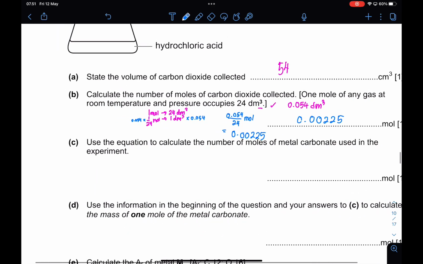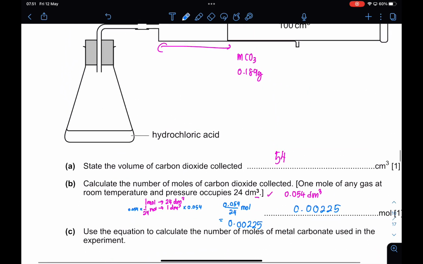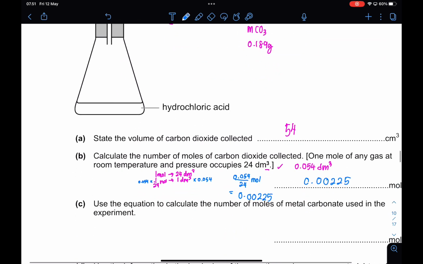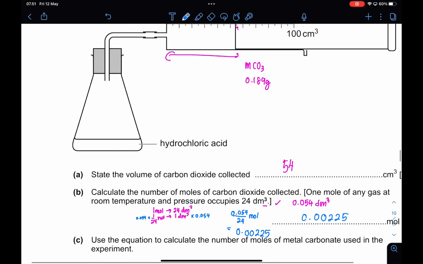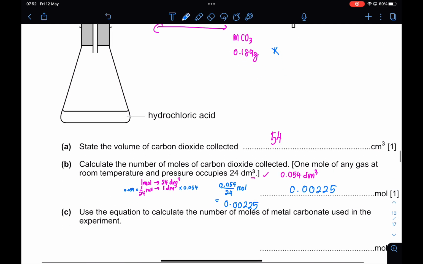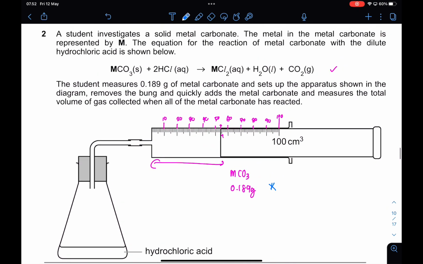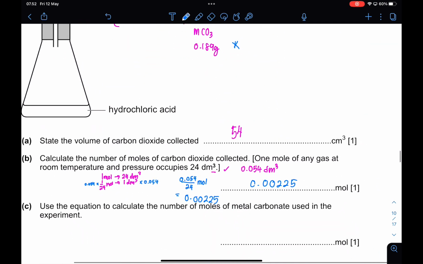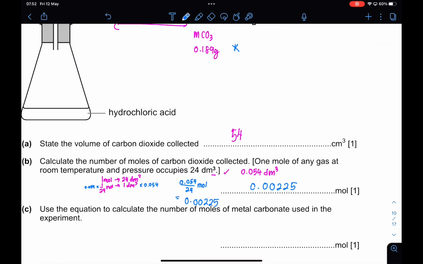Now, use the equation to calculate the number of moles of metal carbonate used in the experiment. They are asking us to use the equation, so let's use the equation. Don't use this one yet. They say use the equation.